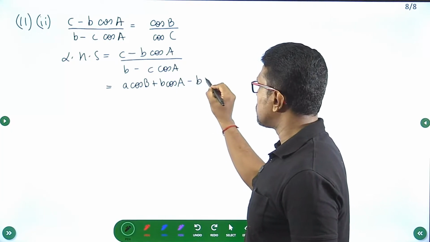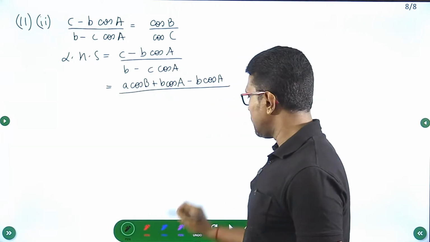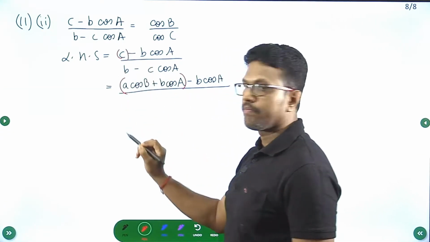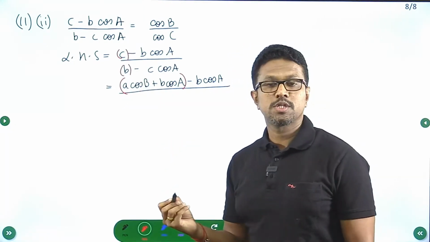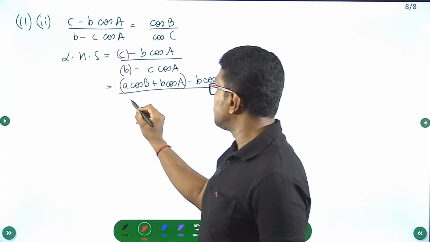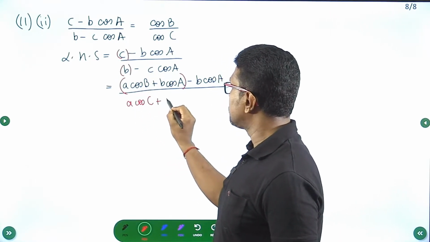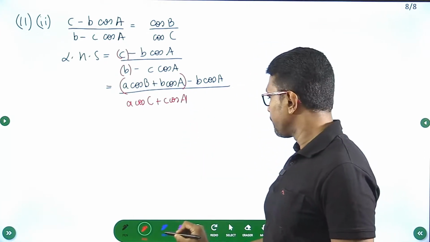That was b cos A. तो यहाँ पे हमने फॉर्मूला यूज किया, कहाँ पे? इस पार्ट में हमने फॉर्मूला यूज किया for c. Same way for b, b के लिए भी हम लोग उसका प्रोजेक्शन रूल यूज करते हैं. So I can say this is a cos C plus c cos A. So this is the formula, projection rule.